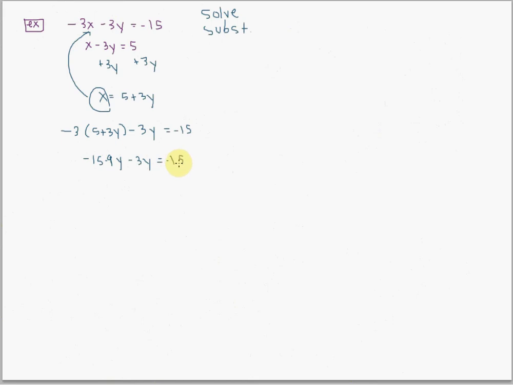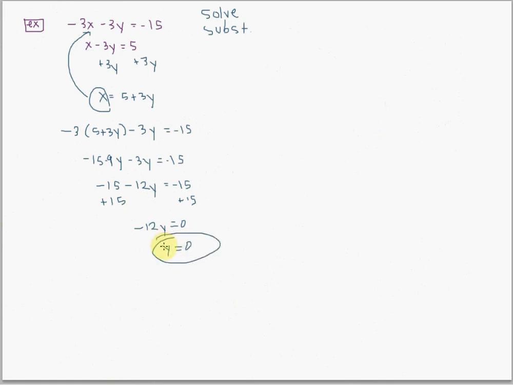I'm going to do this algebra part a little bit faster, so not so much time for you guys to watch me doing math, because I want you to be doing it. We got to get you guys doing the work yourself. This should just be a reminder. I'm going to add 15 to both sides, which gives me negative 12y equals 0. And in this case, y then would equal 0.